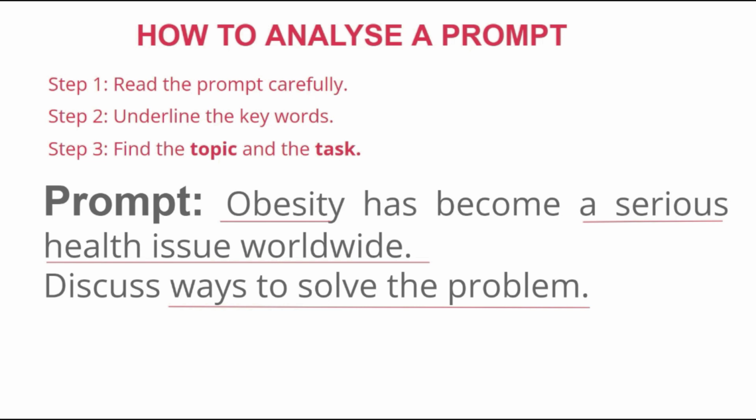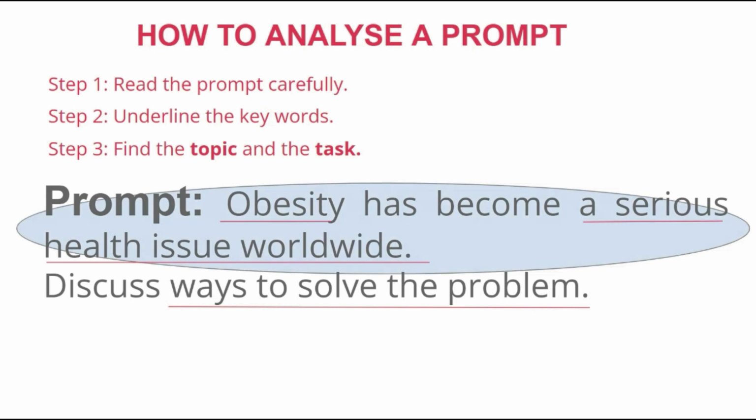Step 3 is to find the topic and the task. Now, this is something that not many teachers probably talk about or even know about, but every IELTS prompt will have 2 parts. Usually, the first sentence or the first few sentences will give you the topic of your essay. In this case, the topic is obesity. The first sentence is the topic, and obesity is the key topic.